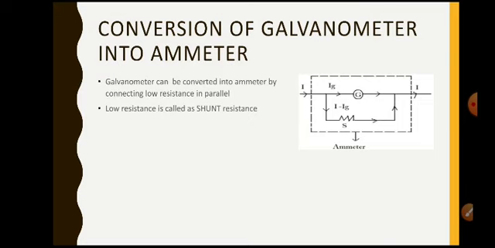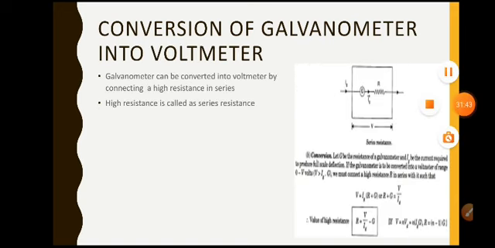An ammeter is a combination of a galvanometer and a low resistance shunt connected in parallel. Like this we can convert a galvanometer into an ammeter.